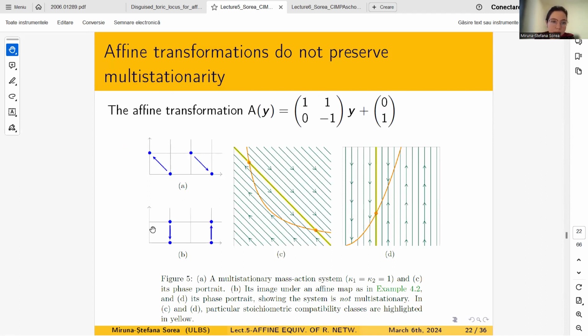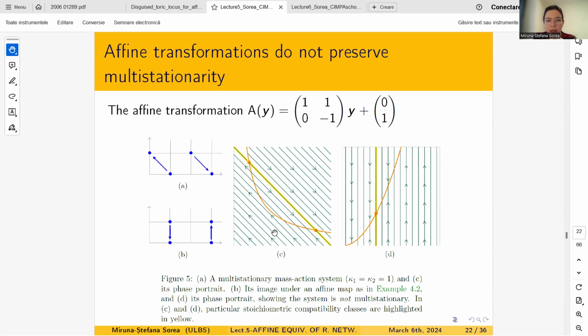And then you get the network from the picture B. So I was referring to this example about changing of the stoichiometric compatibility classes. This shows that they change. And also we highlighted in yellow one of such stoichiometric compatibility classes in each case.